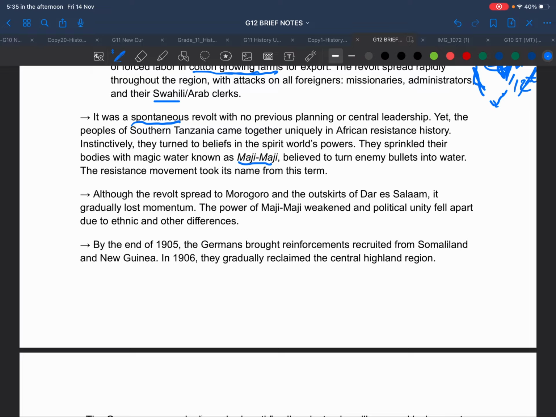The priests told them that this water could divert the German bullets, that it would turn enemy bullets into water. The resistance movement took its name from this term. But as a result, this magic couldn't divert the German bullets.